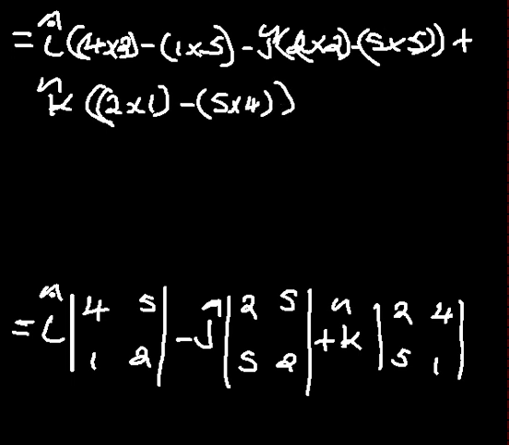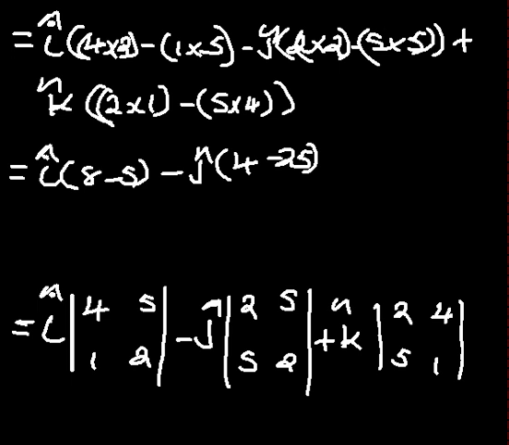In this case we'll have the I component as 8 minus 5, and a J component as 4 minus 25. And the K component should be 2 minus 20. So we'll have it as that.